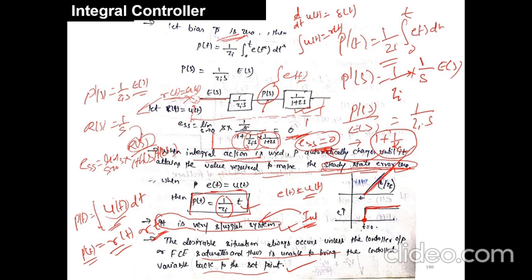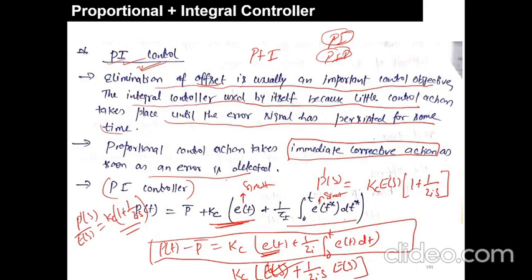Therefore it is a sluggish system, and so the PI control comes into the picture. We have taken the advantage of the proportional controller and the integral controller. The proportional controller has the disadvantage of offset, but has a good, faster response compared to the integral controller.